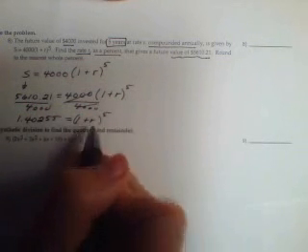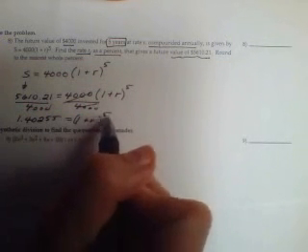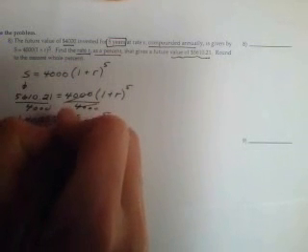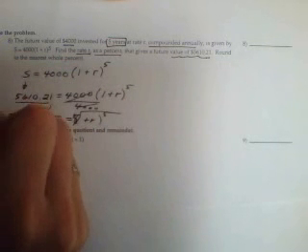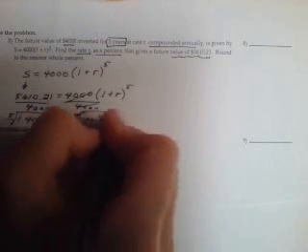I still want R inside, so I'm going to take the 5th root to get rid of that 5th power. Since it's an odd root, I don't have to put plus or minus, I just write the 5th root on both sides and cancel it.